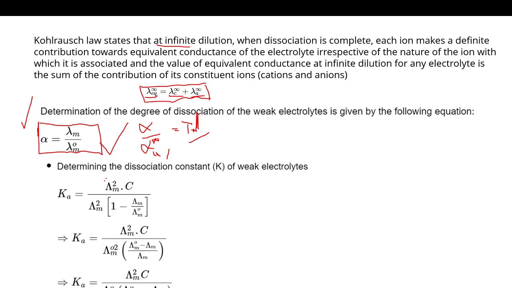It is given by the molar conductivity squared multiplied by the concentration of that electrolyte, divided by the limiting molar conductivity squared multiplied by 1 minus molar conductivity divided by the limiting molar conductivity at infinite dilution. If you know this formula, it will help you if in some question they ask you about finding the acid dissociation constant.